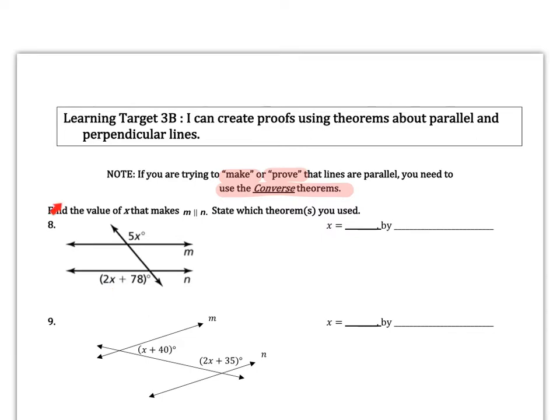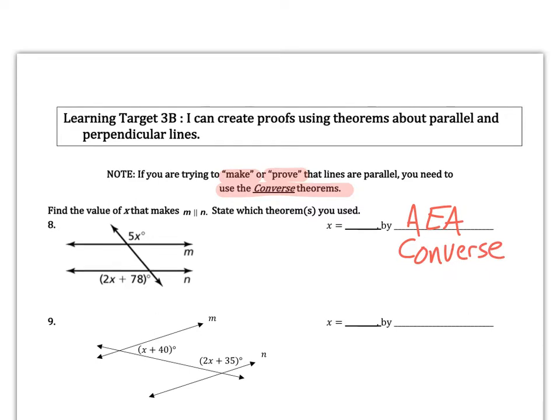Well, here we want to find the value of x that makes m parallel to n. So the theorem we're going to use here is not the alternate exterior angle theorem, it is the converse. The converse says if the alternate exterior angles are congruent, then the lines are parallel.